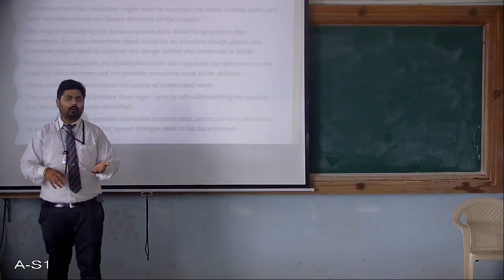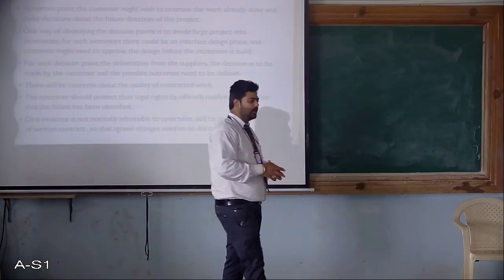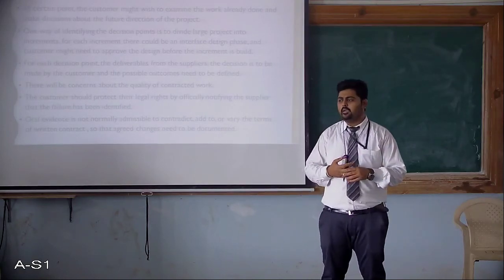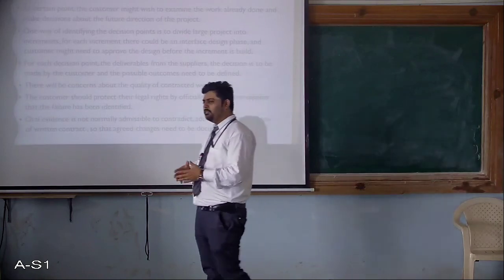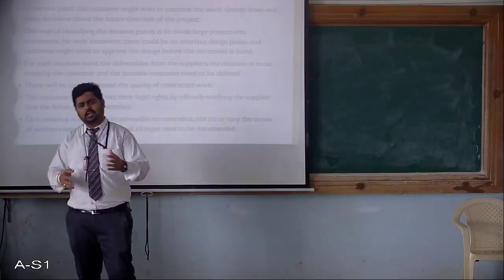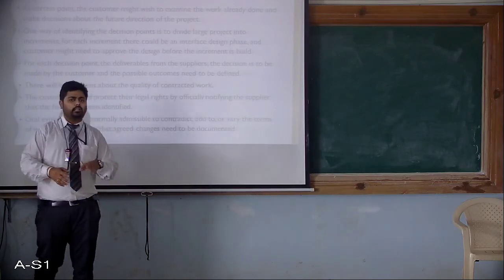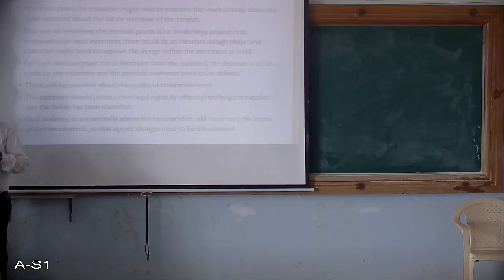In that case, he will go with the default plan. If you are not informing him well in advance, he will go with what they have decided before. Then it is not a mistake of the supplier, it is the problem of the user or the customer only.